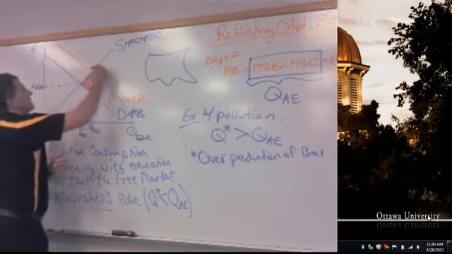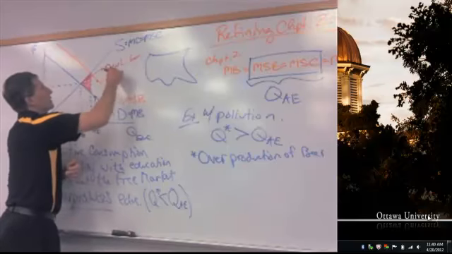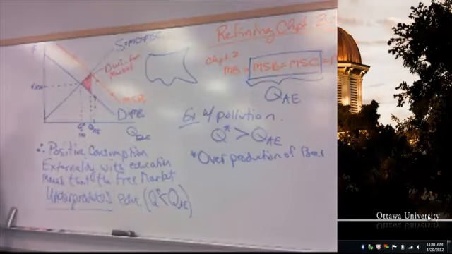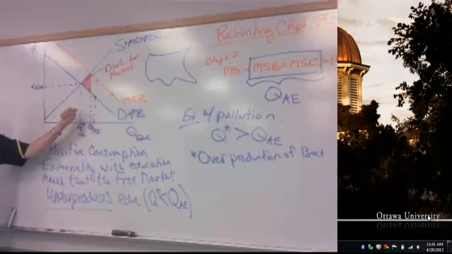And so this is the deadweight loss from the market. That's the market failure. And so our challenge is to figure out, how can we get rid of that deadweight loss? Are there things we can do?